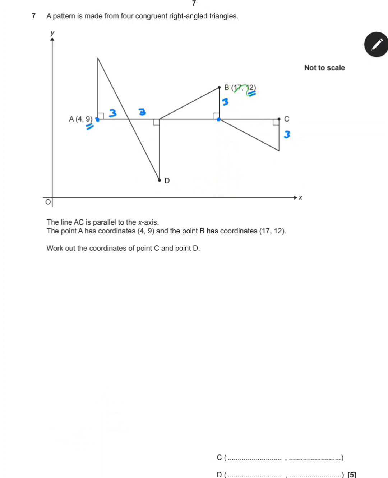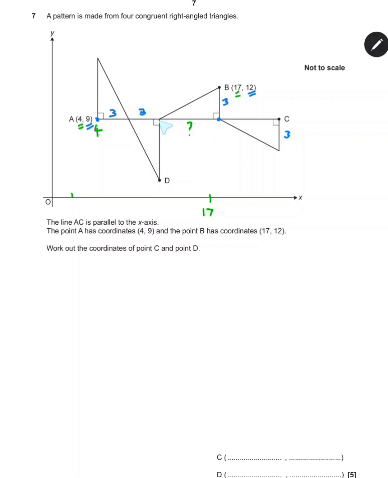What we also know is that B here is across to 17. So someone's come all the way across to 17 to plot point B. And what we don't know is this distance. But we do know that here we've come across to 4. So we're starting at 4 and we're moving across 3. That would take us to 7.